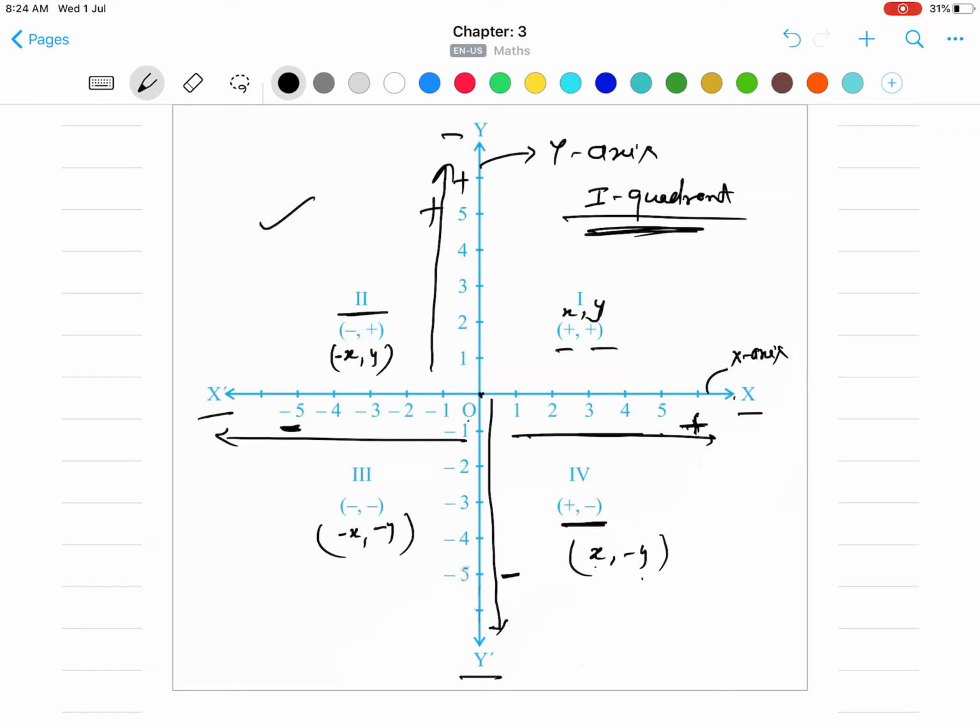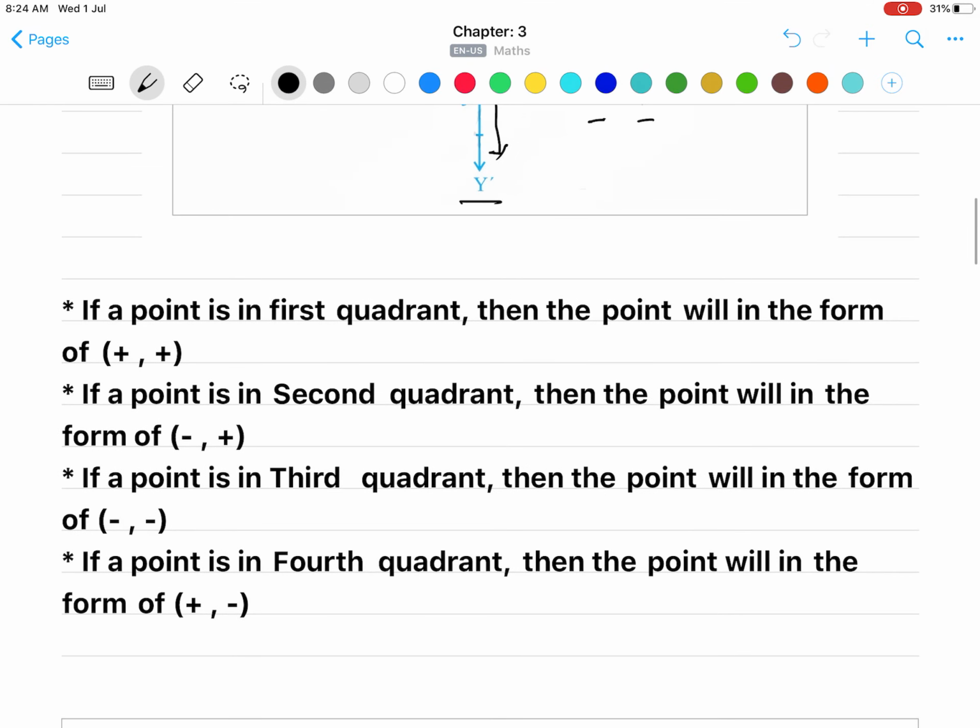That means if a point has both coordinates plus, it will be in the first quadrant. If its coordinates are x minus and y plus, it will be in the second quadrant. If both coordinates have a negative sign, it will be in the third quadrant. And if x is positive and y is negative, it will be in the fourth quadrant. That's what I have written here.